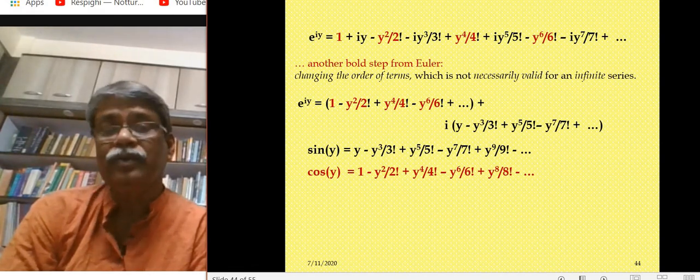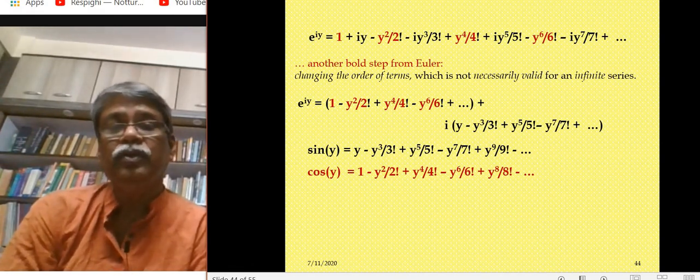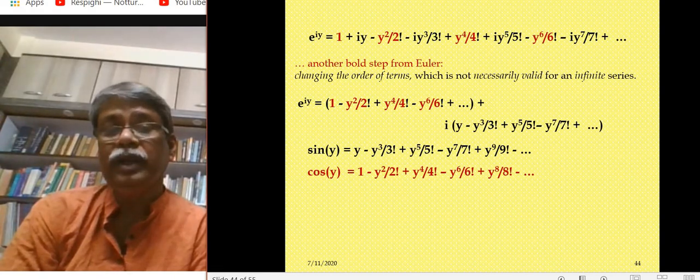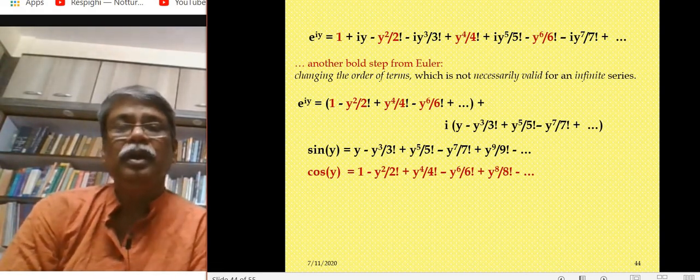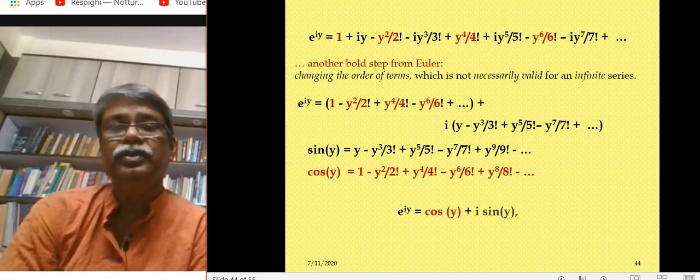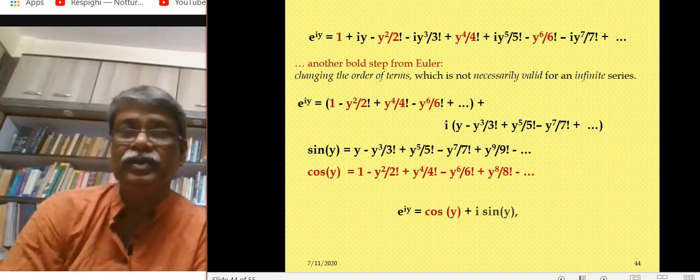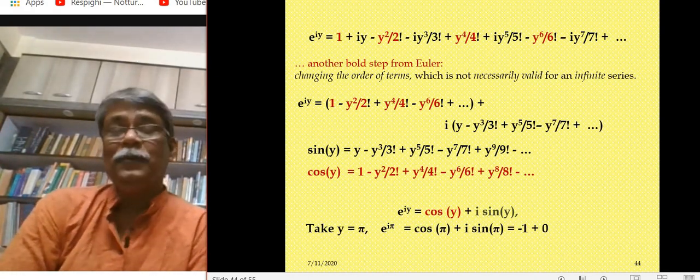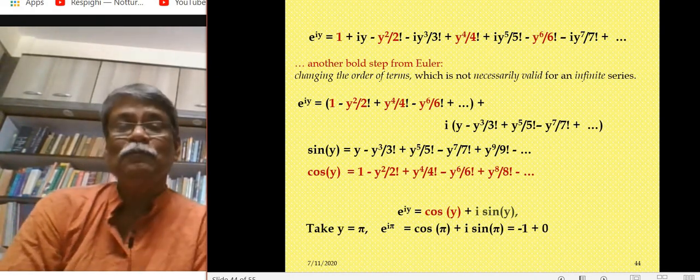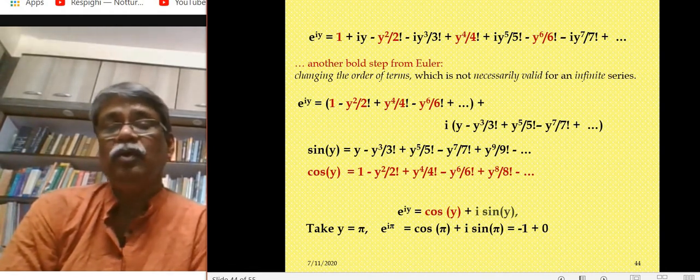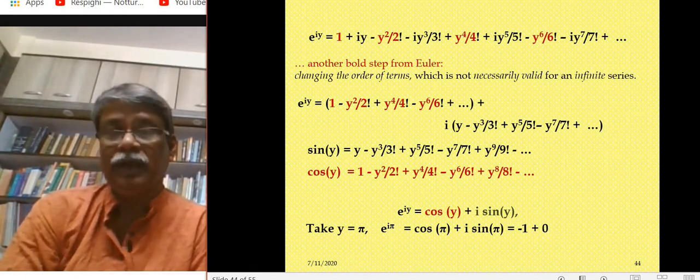So what you get, very interestingly, is that e to the power i is now getting trigonometric, right? The first part is cos y, this red part, and the black part becomes i sin y. So e to the power iy is cos y plus i sin y. And now we are very close to our beauty. If you choose your y to be pi, you have every right to choose.